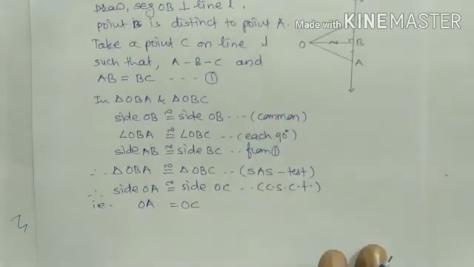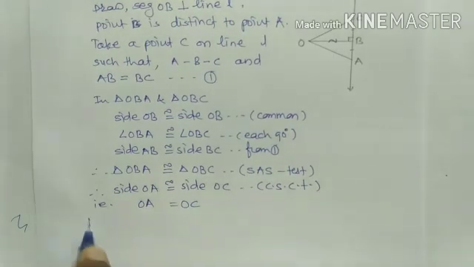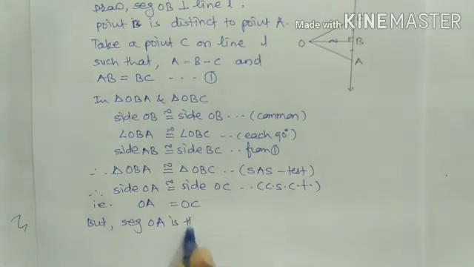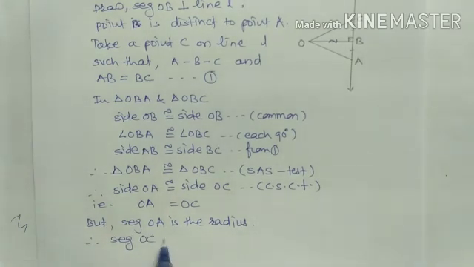It means that here, but segment OA is the radius, and therefore segment OC is also the radius of the circle.